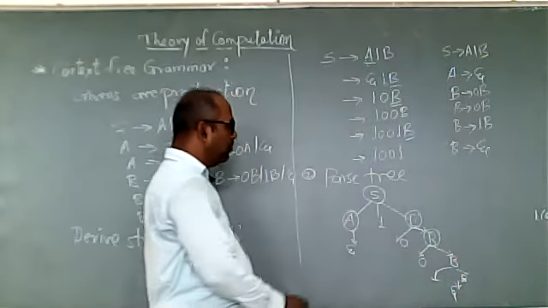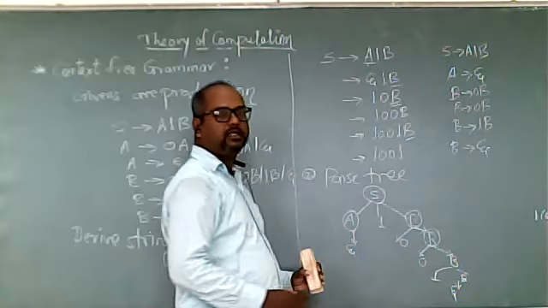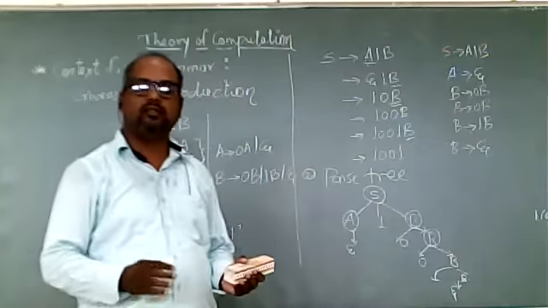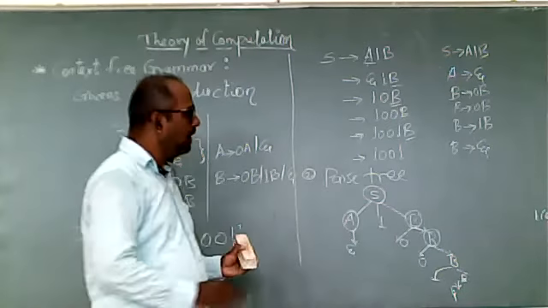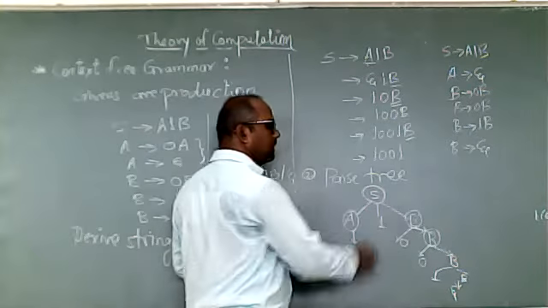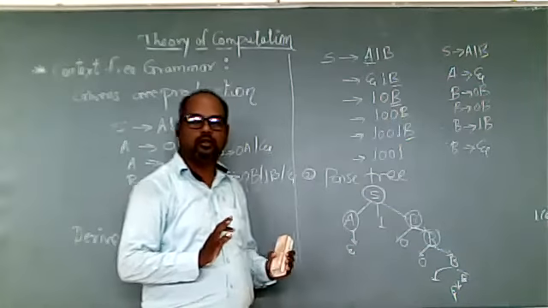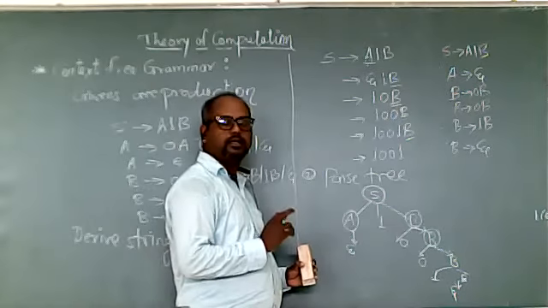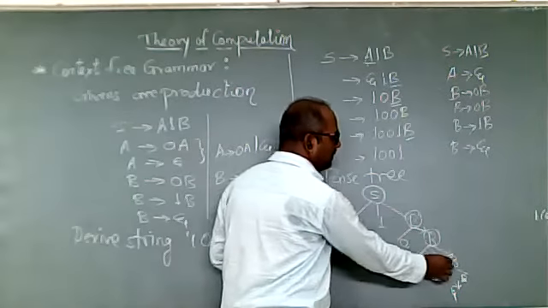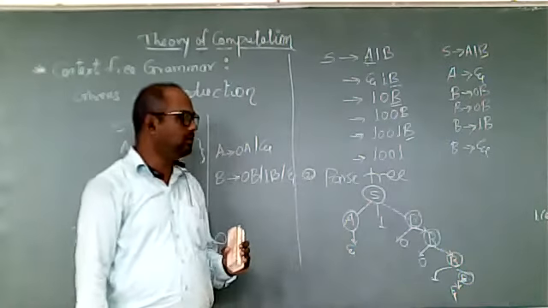We have used this to produce the string. Now a string is always made up of terminals. A word or string of the language is always made of terminals. In a parse tree, the root node is always the starting symbol. The intermediate nodes A, B, B, B, all these intermediate nodes are the variables.